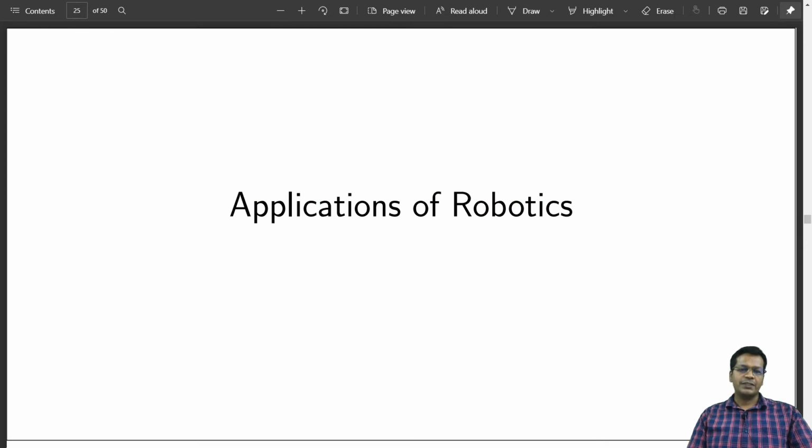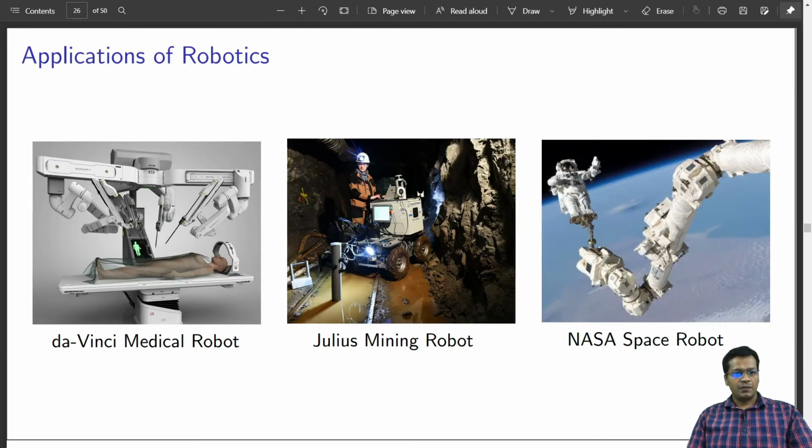Now let us see some of the applications of the robot. The figure which is here is a Da Vinci robot. It's a medical robot which performs human surgery. It's a teleoperated surgery. A doctor sits somewhere else and commands the robot.